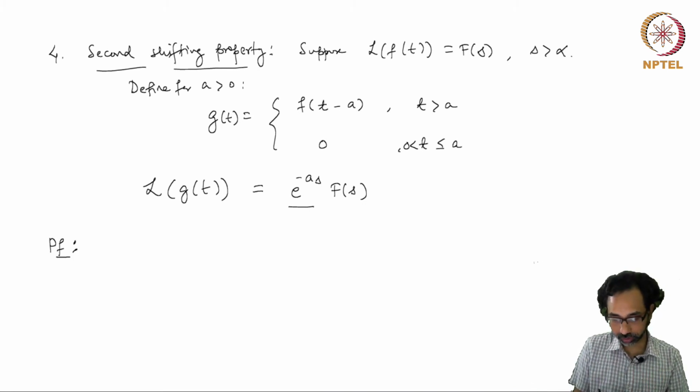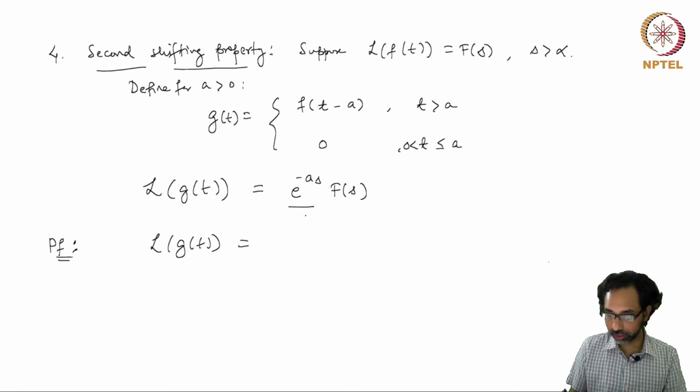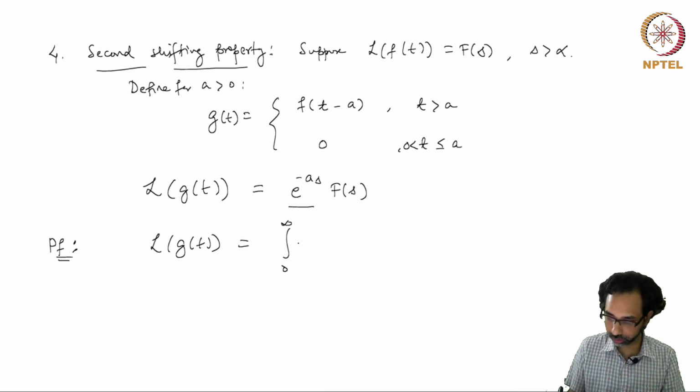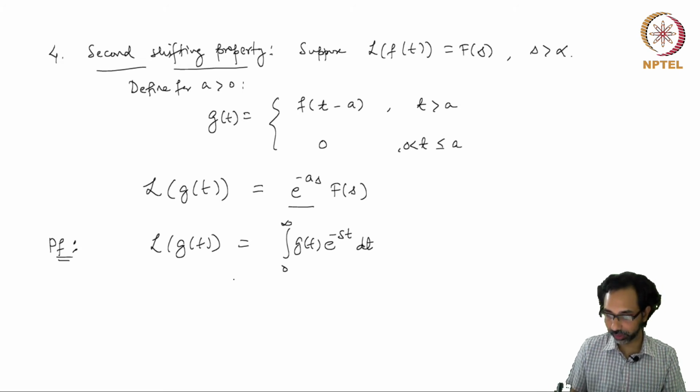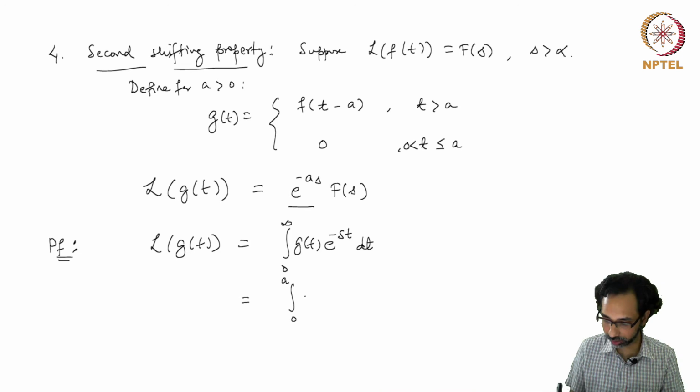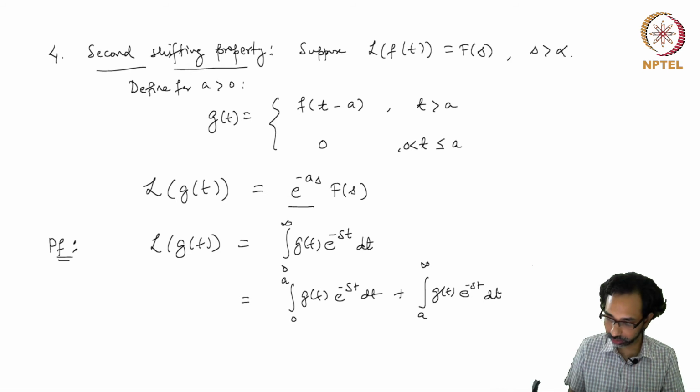So let us again try to prove this second shifting property. I want to show that the Laplace transform of g(t) is e^(-as) times F(s). We can simply write out the definition of the Laplace transform of g(t), but we can now break this integral, which is from 0 to infinity, in two regions: from 0 to a of g(t) e^(-st) dt plus a to infinity of g(t) e^(-st) dt.